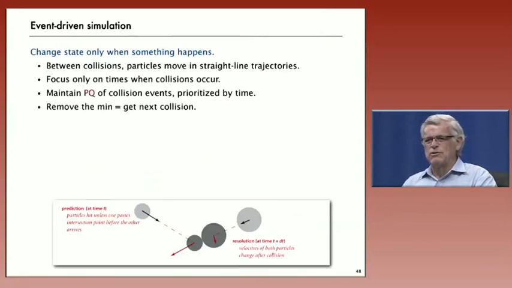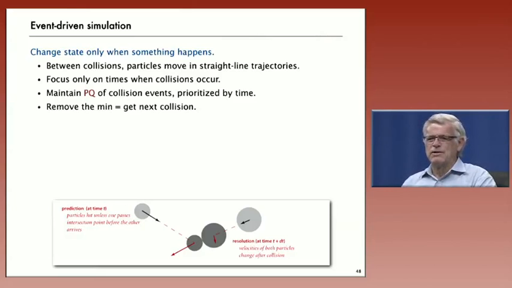Instead, what we want to do is called an event-driven simulation. And this is a very general concept that's useful in all kinds of contexts. We're only going to change things when something happens. So since the only thing that matters is collisions, we're going to figure that particles move in a straight line between collisions. And what we're going to do is focus only on the times when the collisions are going to occur.